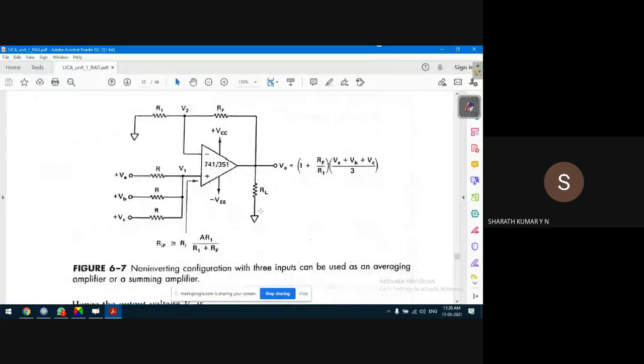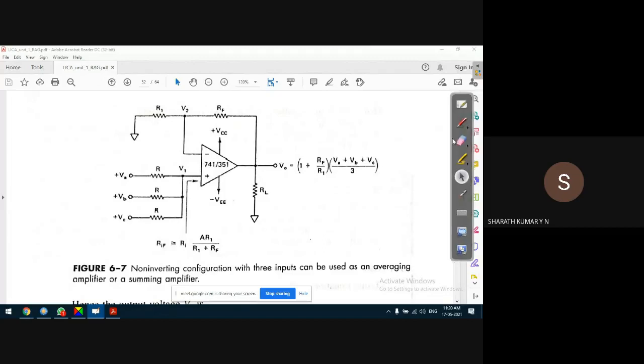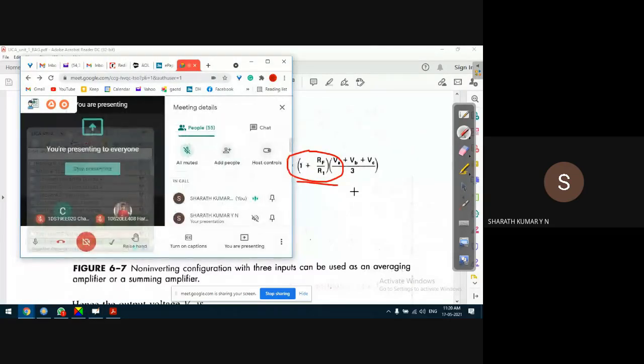In non-inverting, the only difference we found was that the gain is higher compared to the inverting amplifier. That is the major advantage of the non-inverting amplifier. So for a larger gain, we go for a non-inverting configuration rather than the inverting configuration.